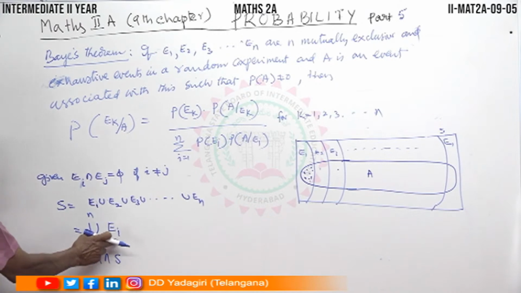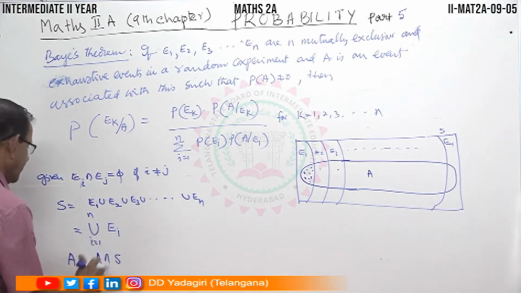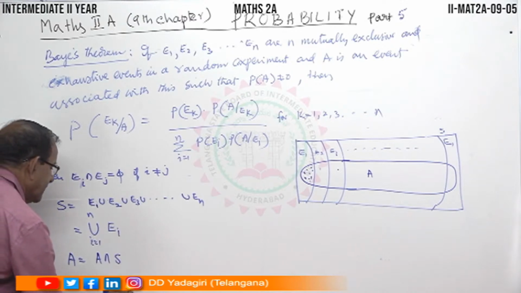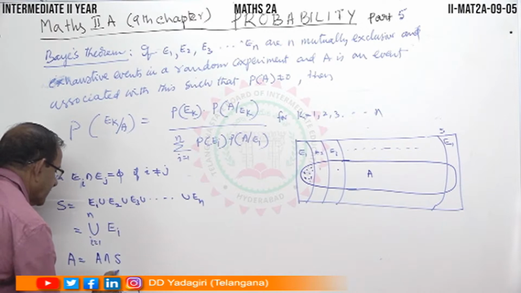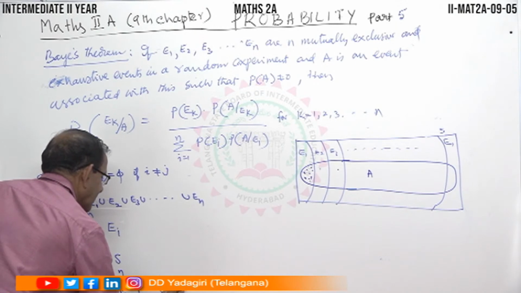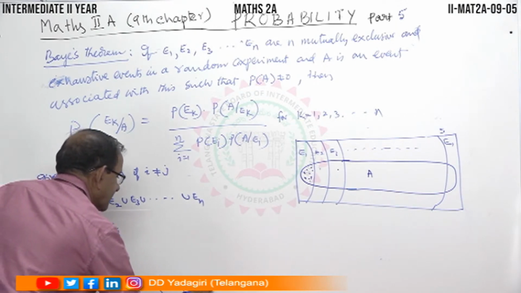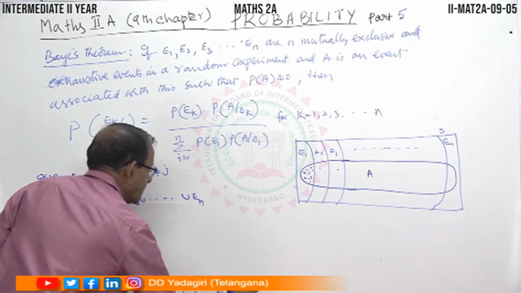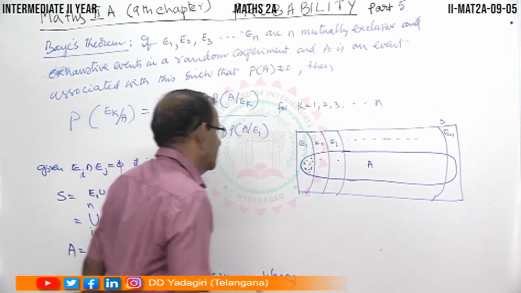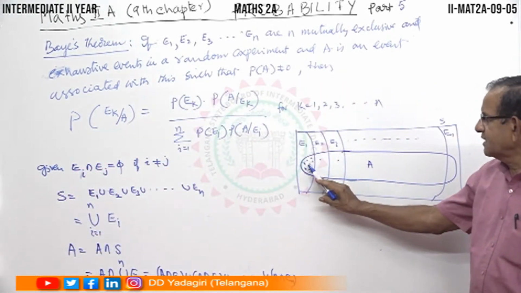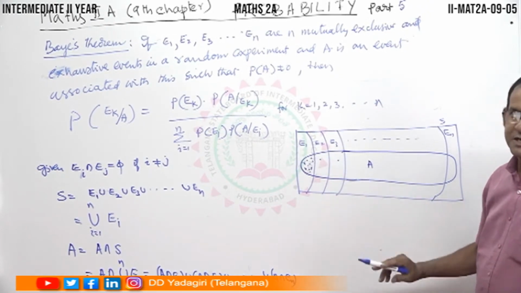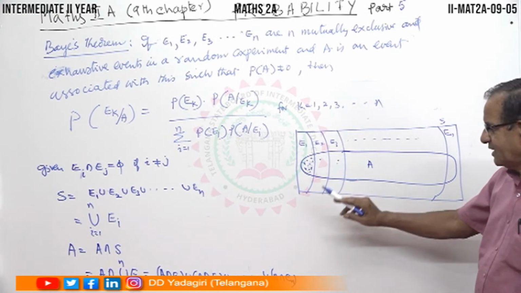But S is the union of Ei. So A intersection union Ei, i is equal to 1 to n. This is A intersection E1 union A intersection E2 union and so on, the last one is A intersection En. This part is A intersection E1, this part is A intersection E2, this part is A intersection E3.